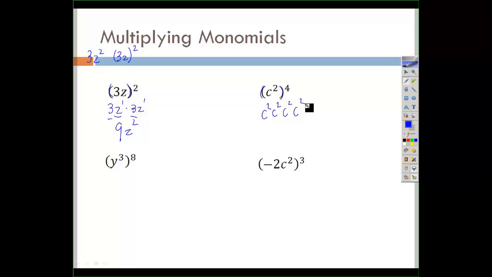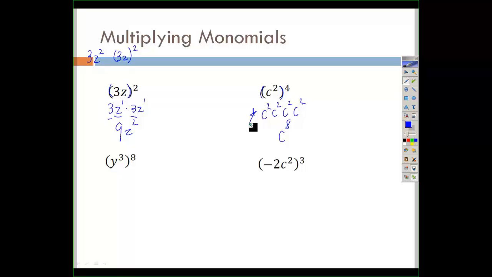If I'm multiplying all of these together, I'm adding the exponents on all of them. So I have 2 plus 2 is 4, plus 2 is 6, plus 2 is 8. So together they make c to the 8th power. And this is the step I'm going to expect to see on your paper, right there. That exponent on the outside of the parentheses tells you how many of them there is. All right, so we're going to get even harder here.